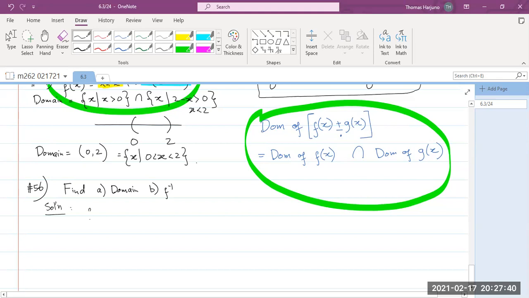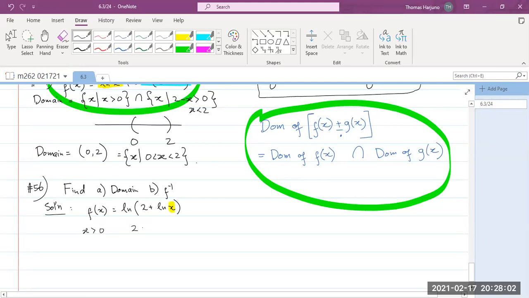So f(x) equals natural log of 2 plus natural log of x. We know for sure that x has to be positive, because we have that here. So x has to be greater than 0.